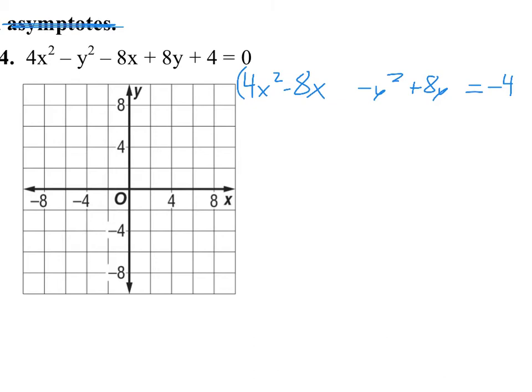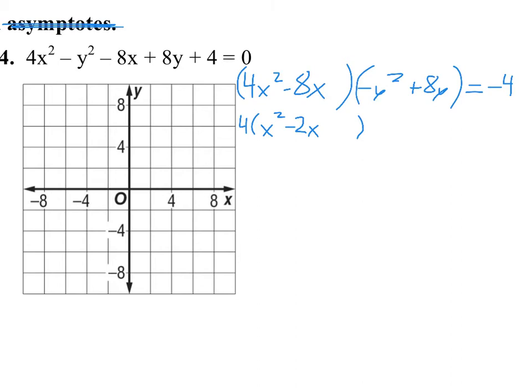Alright, so parentheses with the x's, parentheses with the y's. You're not supposed to have a number in front of x squared. So what I want to do next is take out the 4 from the x terms. So that'll leave x squared minus 2x. Then leave the gap.